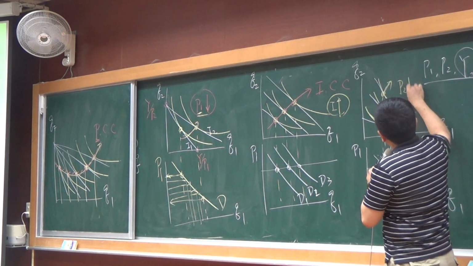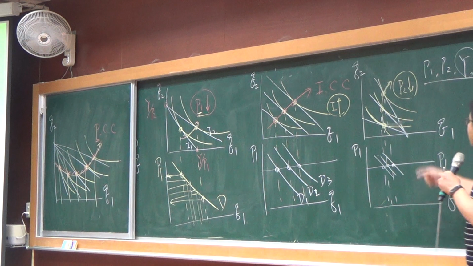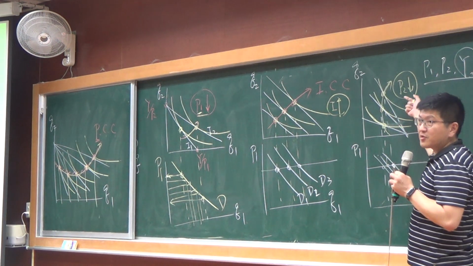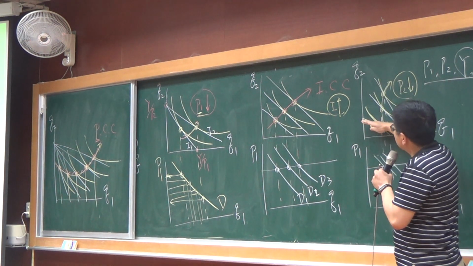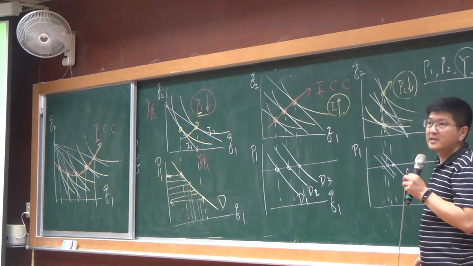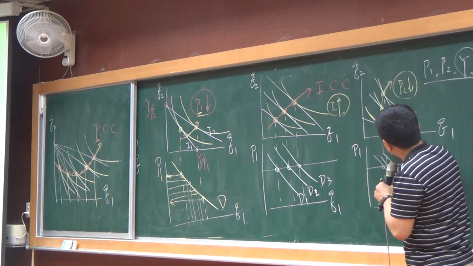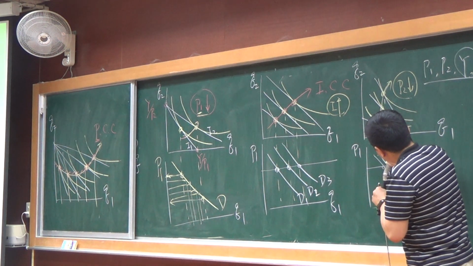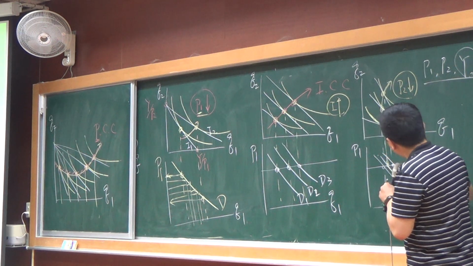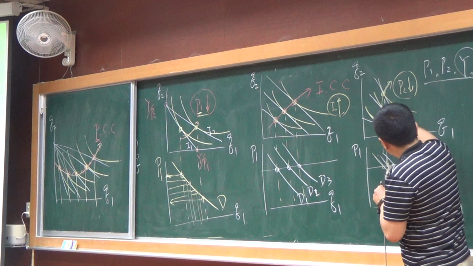Due to the drop of P2, right? When P2 decreases, your budget sets become larger and larger, right? And the corresponding D1, D2, and D3.